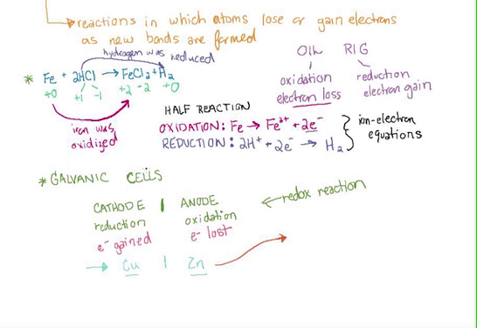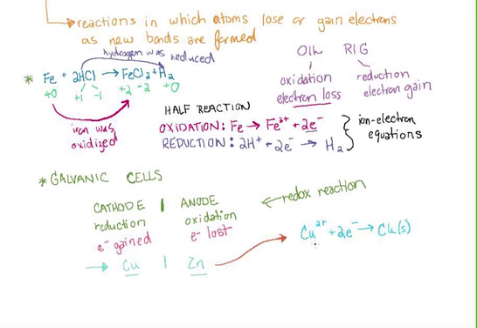You've got your copper ions, cations, right, that are gaining a couple of electrons, and that's giving us solid copper, Cu(s).